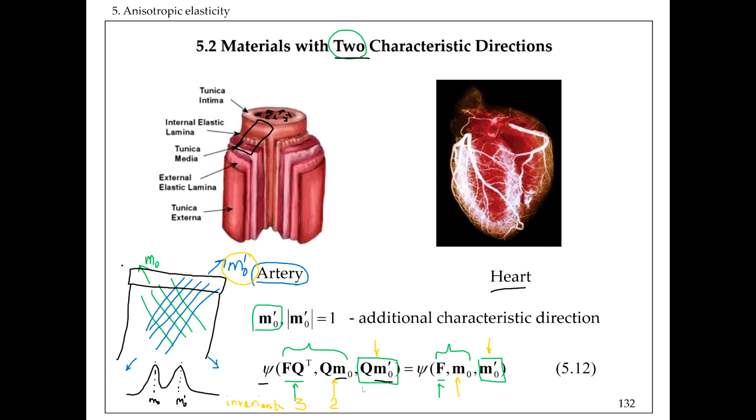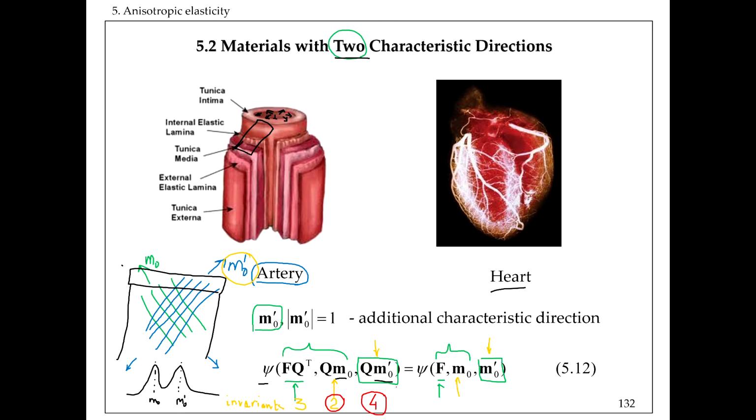And now, very interestingly, as we add an additional family of fibers, we need an additional 4, from which 2 will have a similar structure as those we added here, but now we also have an interaction, a mixed invariant that will include M0 and M tag. That is an additional structure, a combination of these so-called structure tensors. So we have an additional 4 invariants.